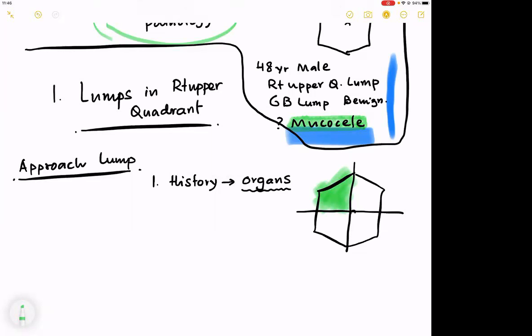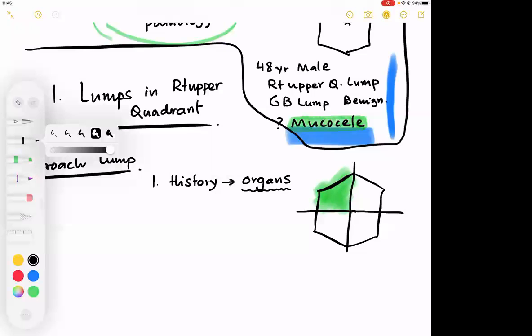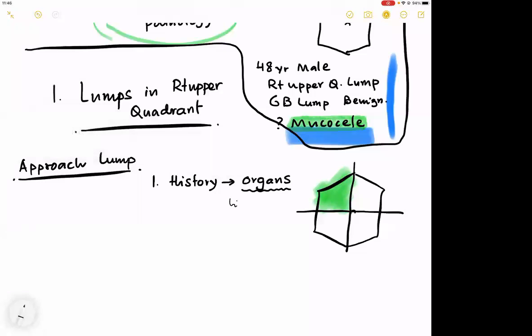Common sense, the organs in concern will be the liver, gallbladder, maybe the right hepatic flexure or the right colic flexure. Sometimes it can be the head of the pancreas. We can also have the right kidney. So all the histories that we take have to concentrate on these points.